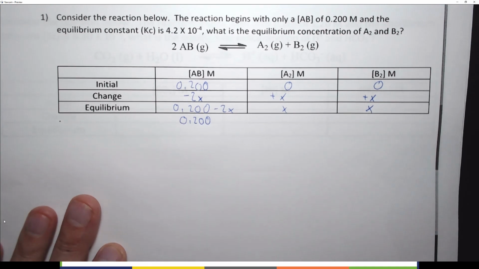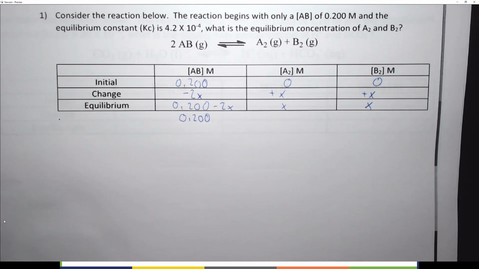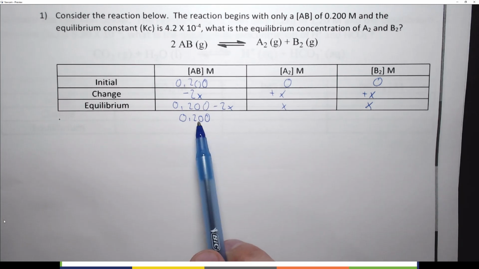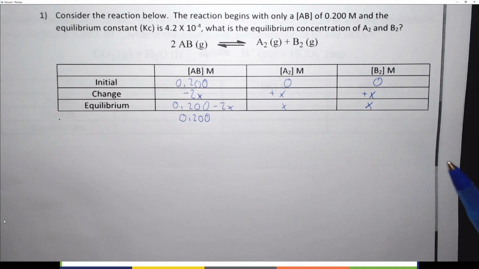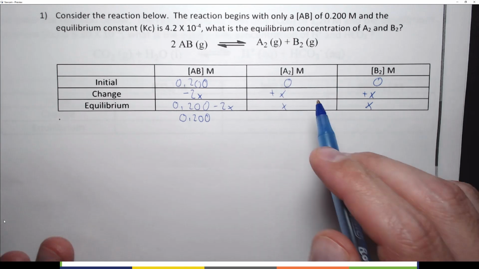Said another way, you won't have to use the quadratic equation. Now, if you ever take a course called quantitative analysis, you definitely will have to use the quadratic equation. At least I did when I took that course. Okay? So this is basically a simplification if x is less than 5% of the original concentration. Let's take a look at what we can do now.